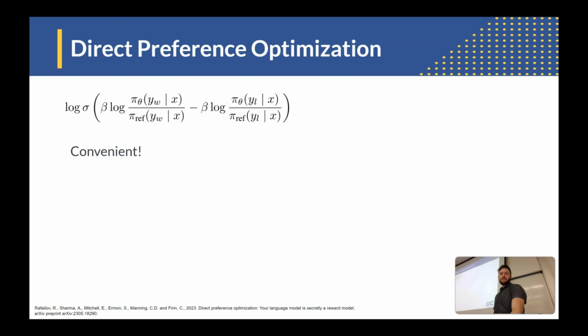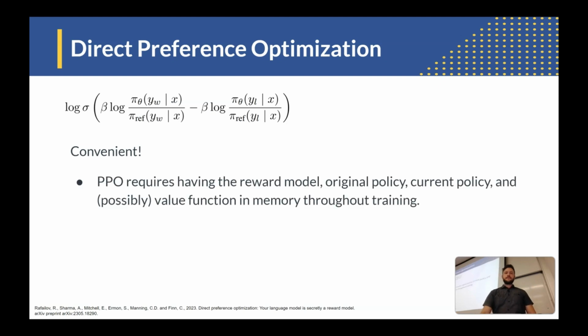One of my favorite things about DPO is that it's very convenient. PPO generally requires you to have a reward model, your original policy, and your current policy, and maybe a value function if your value function isn't combined with your policy, all in memory throughout training. Like every single iteration of PPO, you need to use all of these different models to label different things.